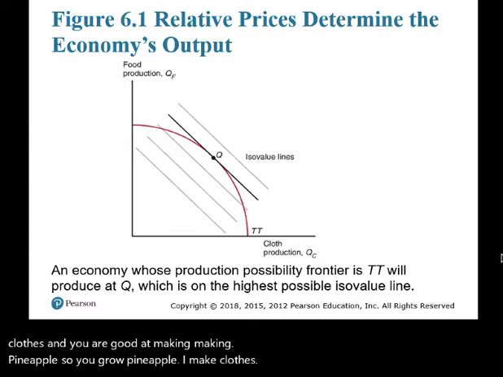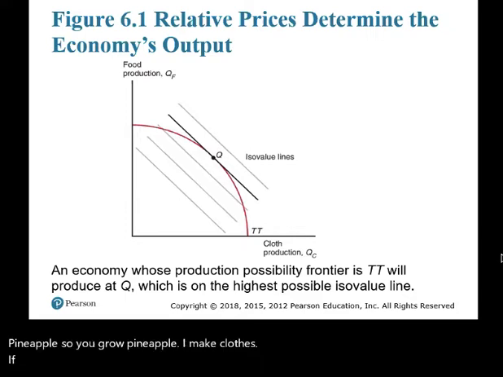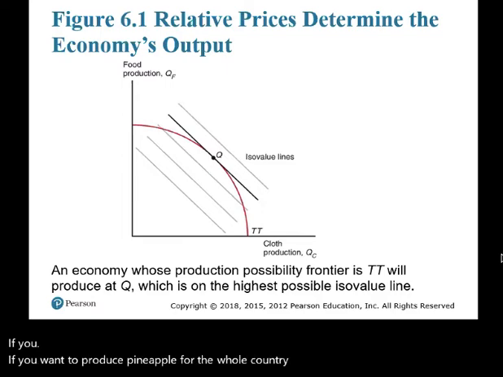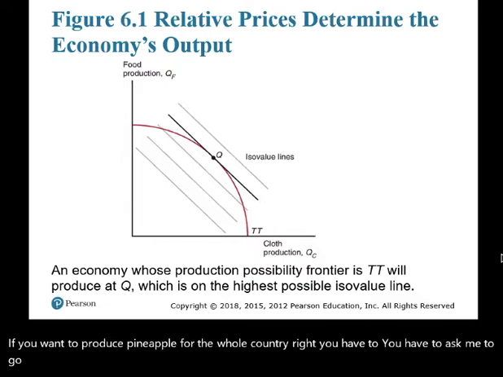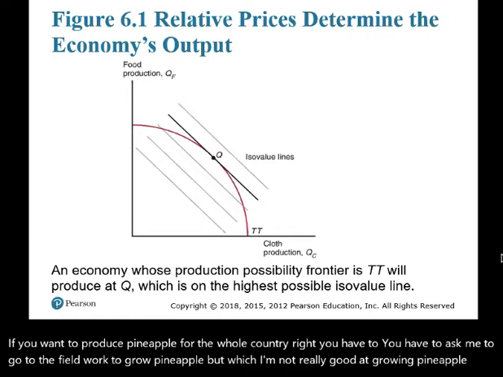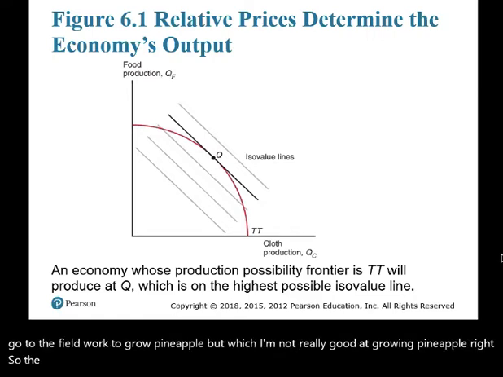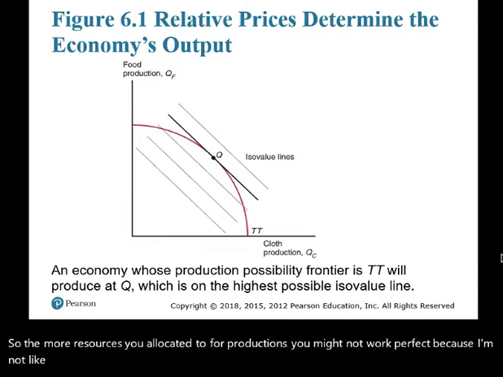Now, if you want to produce pineapple for the whole country, you have to ask me to go to the field to grow pineapple, but I'm not really good at growing pineapple, right? So the more resources you allocate to this production, it might not work perfectly because I'm not that fast at growing pineapple. So this is the idea.